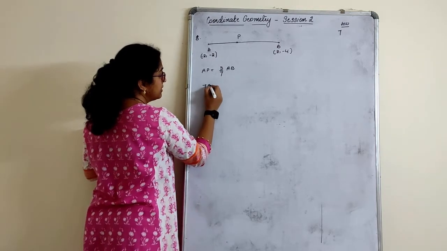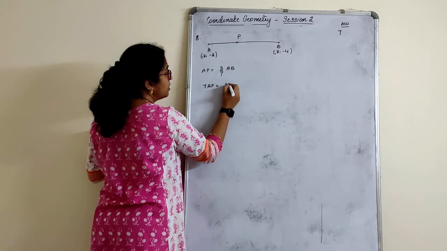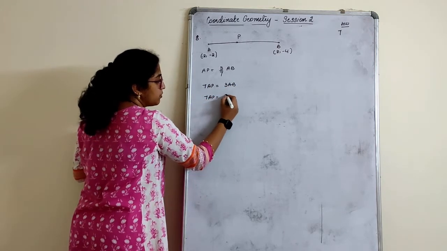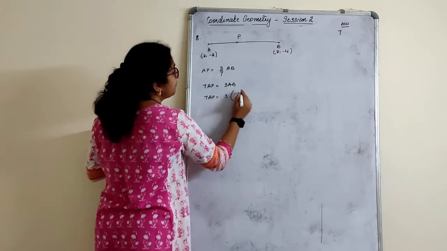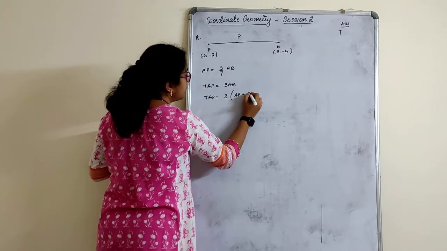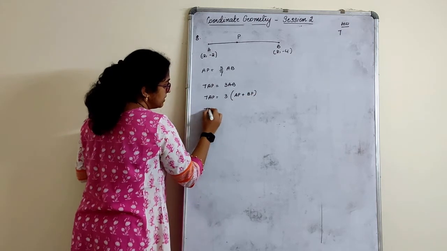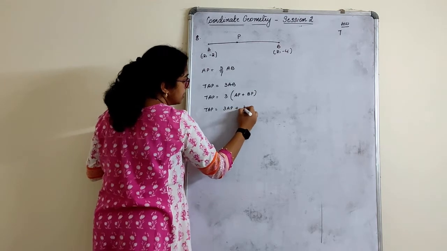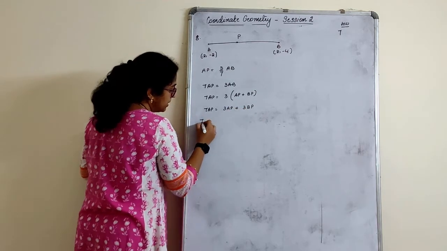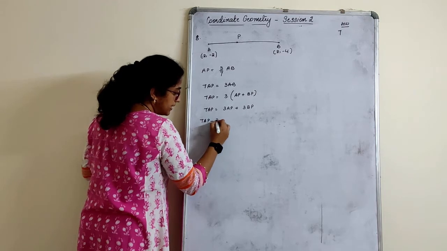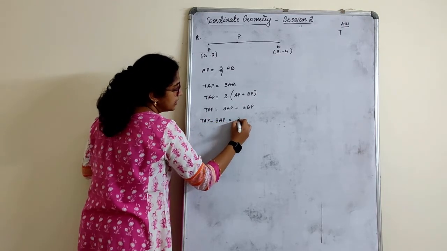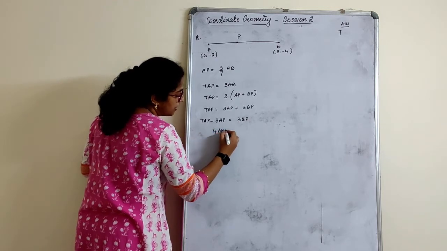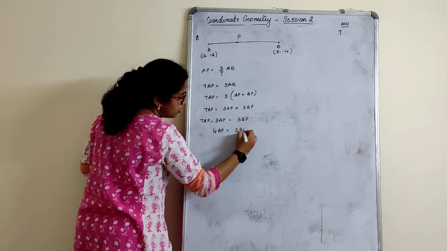Cross multiply. 7 times AP is equal to 3 times AB. How do you write AB? It is written as AP plus PB. 7 times AP is equal to 3 times AP plus 3 times PB. 7 times AP minus 3 times AP is equal to 3 times PB. 7 minus 3, 4 times AP is equal to 3 times PB.